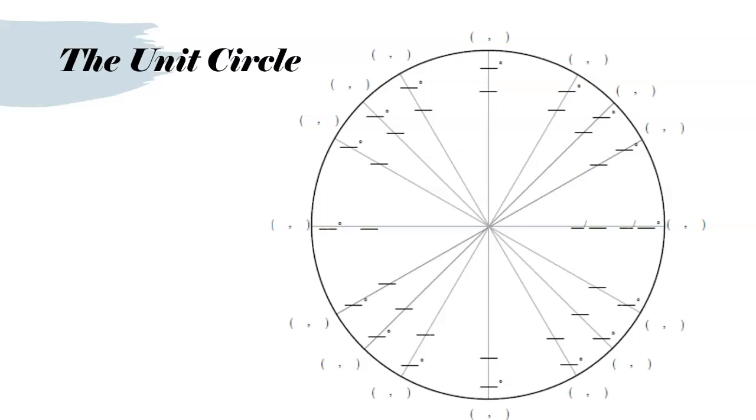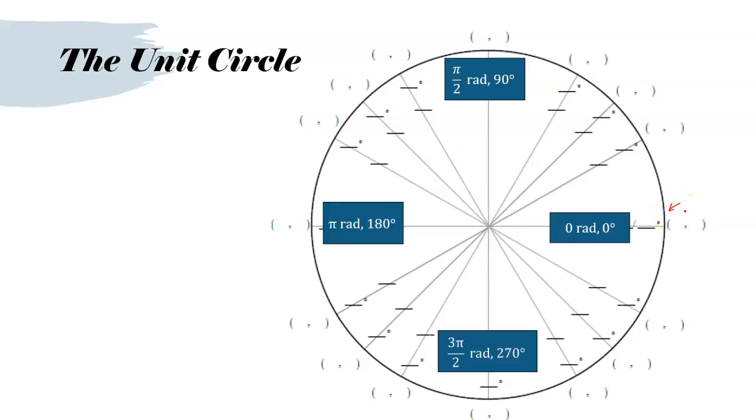So the unit circle is a circle with a radius of 1. Our angles on the unit circle always start right here. So this is the initial side of the angle, and then the angle can end anywhere within that circle.